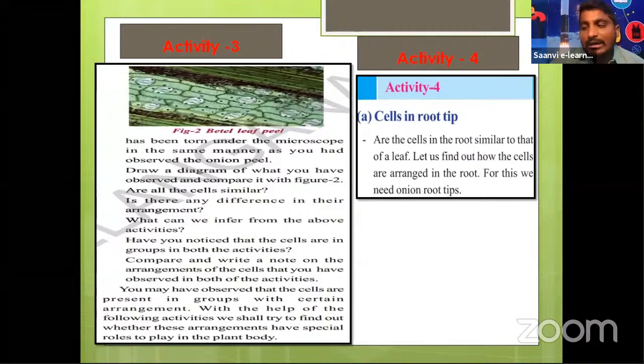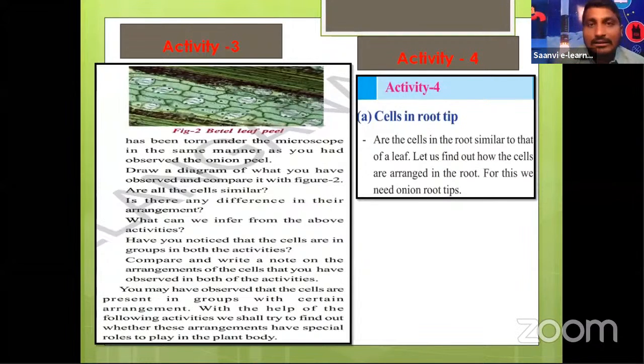In plants, here in beetle leaf peel, stomata of the leaf are involved in the exchange of gases. So just as our nose is involved in the exchange of gases, stomata also are.